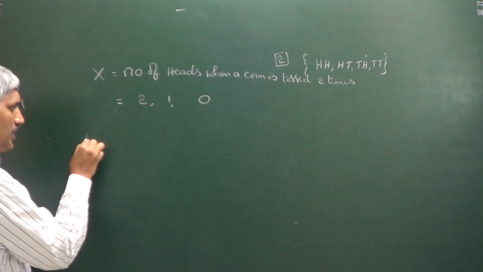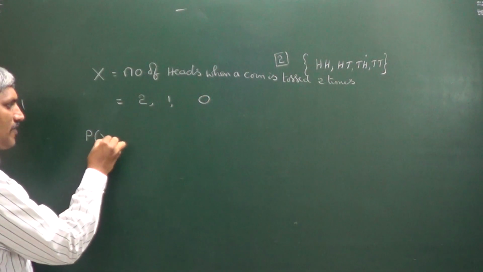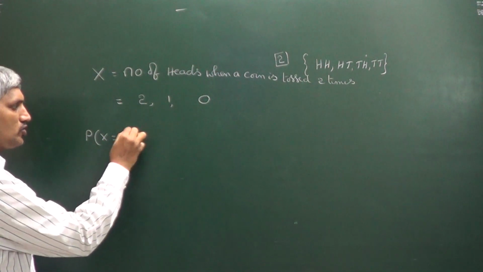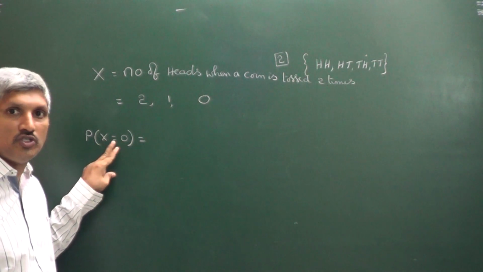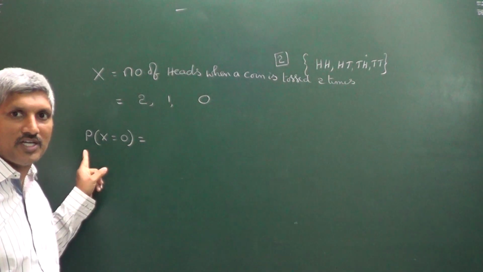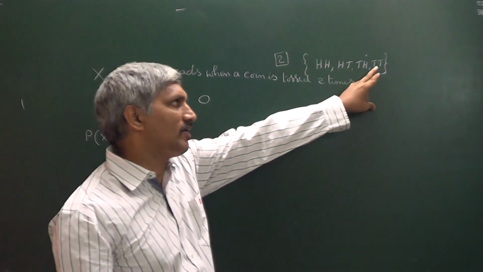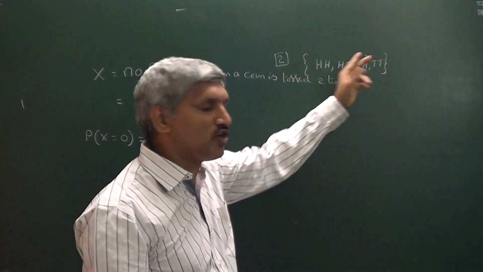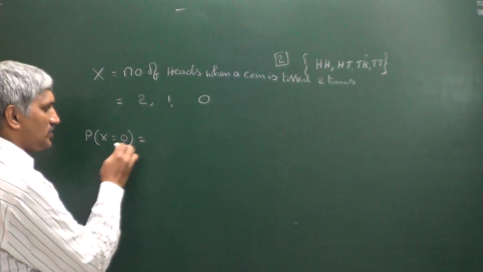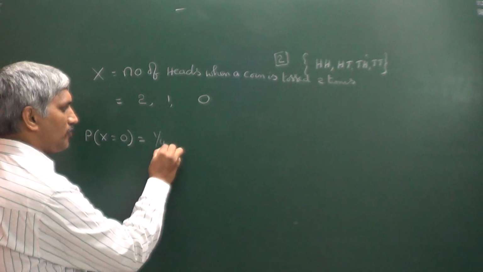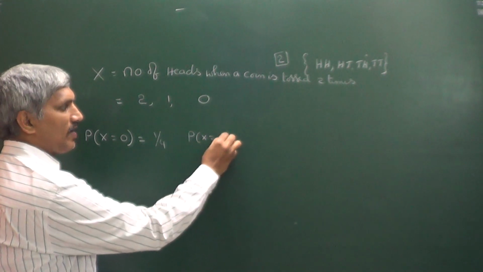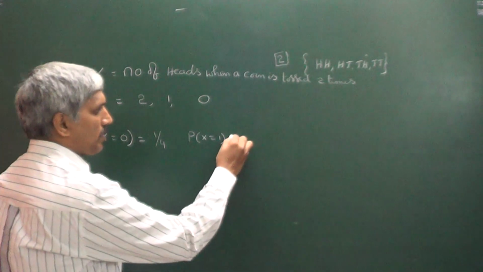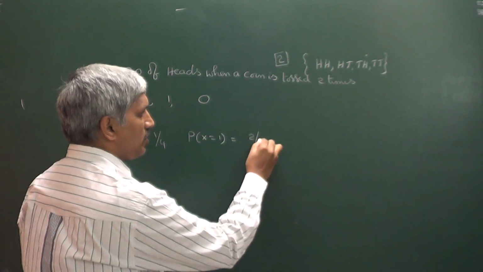Now I am finding the respective probabilities. P of X equals 0: when X is taking the value 0, what is the probability? P of X equals 0 is 1 by 4. P of X equals 1 is 2 by 4.